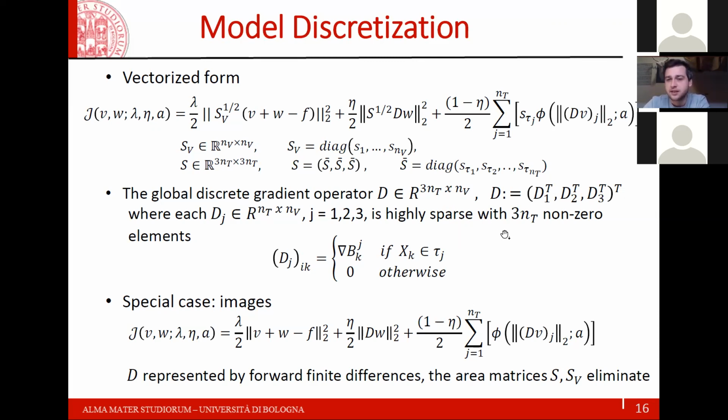This matrix is highly sparse, and in total it has just 3 times the number of triangles non-zero elements, which consist of the gradients of the basis functions. In the special case of images, of course, the gradient matrix D can be represented just by the usual forward finite differences, while the area matrices S and SV cancel out.